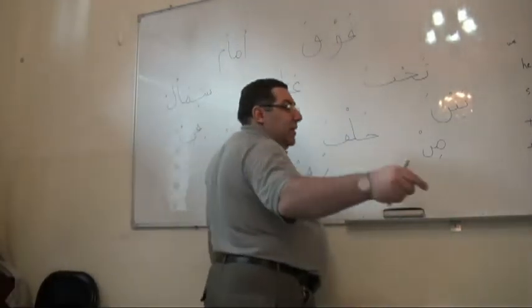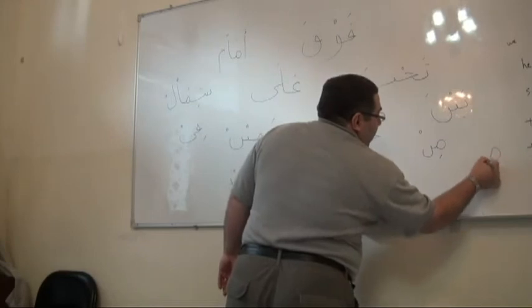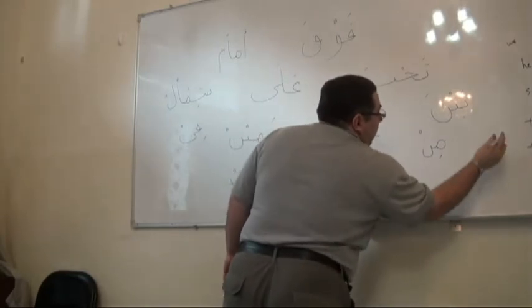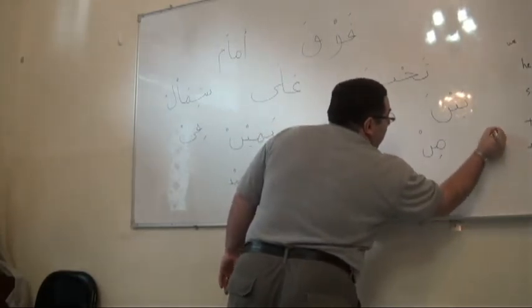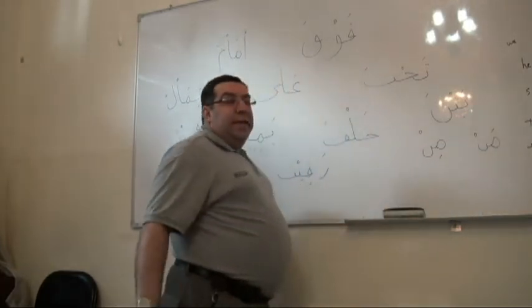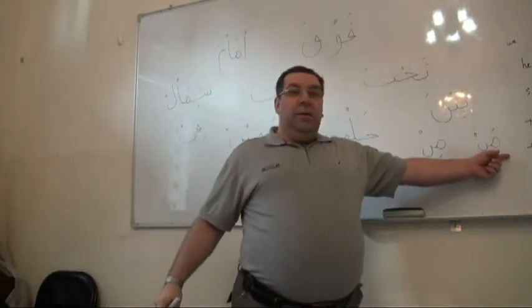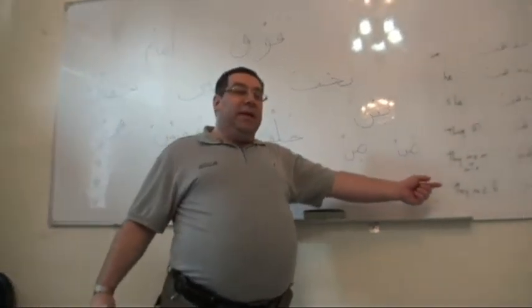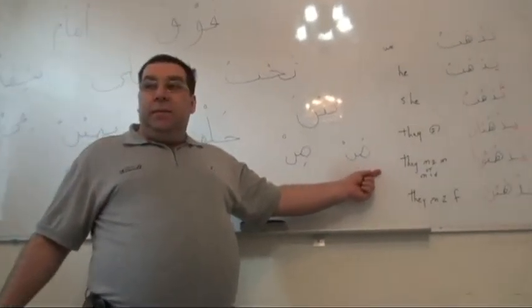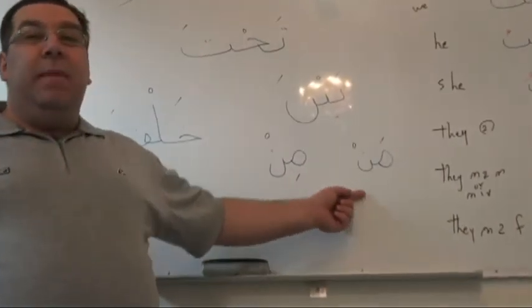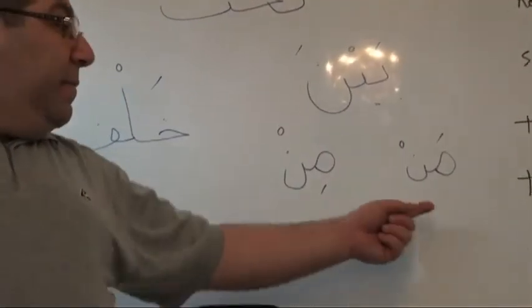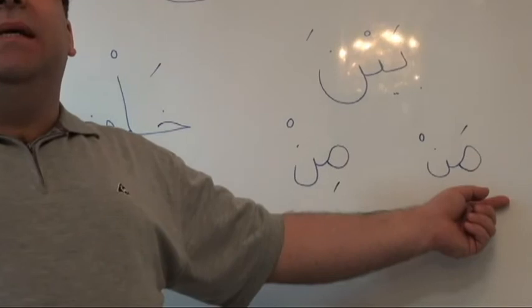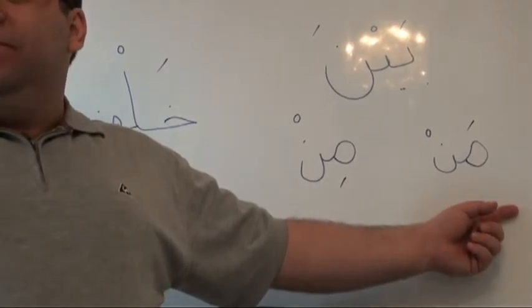It is mentioned here, the last word, but because it is the same, let me just write it. The last word at the bottom of this row, what is this? Man. It is the last word in page 27. They are the same, min and man. This min has kasra, this man has fatha. Man means who.